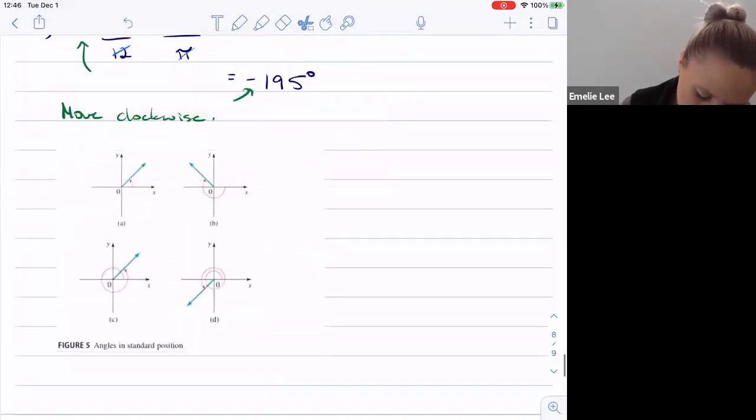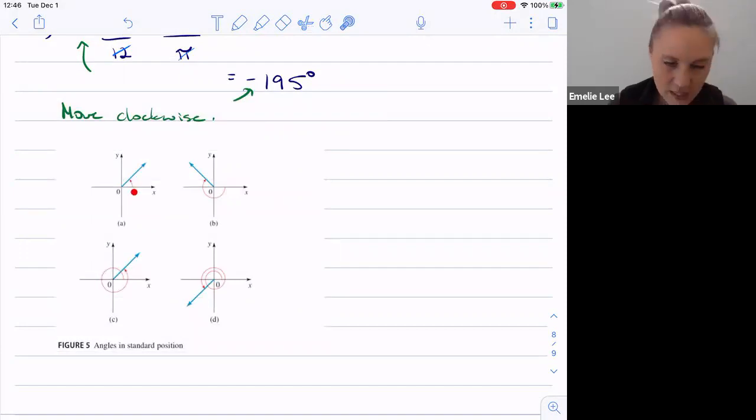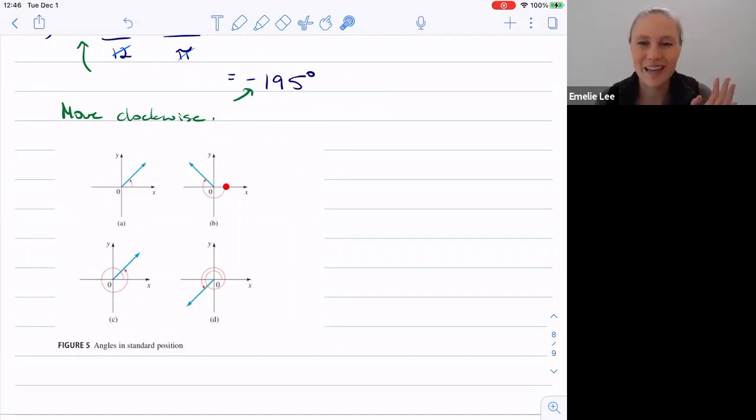So when we start here on this x-axis, that's what we've been doing this whole time, right? And so what we're saying is we're going to start on the x-axis, and then measure our angle from there. That's what we call standard position.